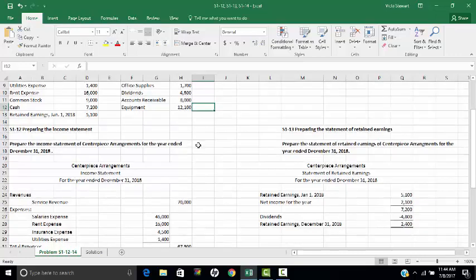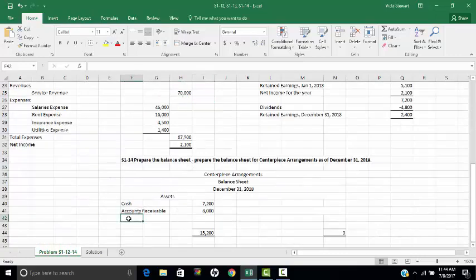So we're going to list office supplies next, and those were $1,700. And then last will be our equipment, and that amount was $12,100. Okay, so we're done with our left-hand side except to put our total description, which is going to be total assets.